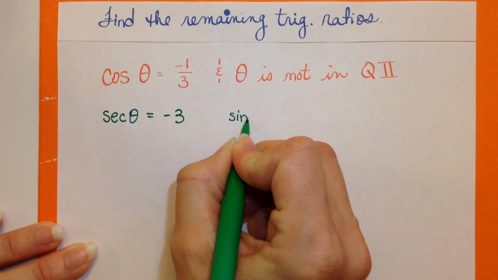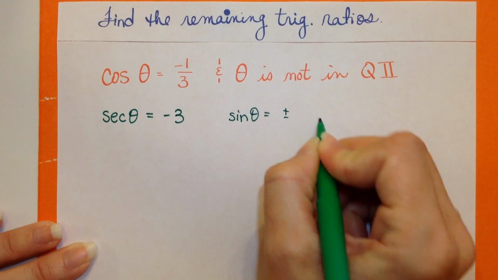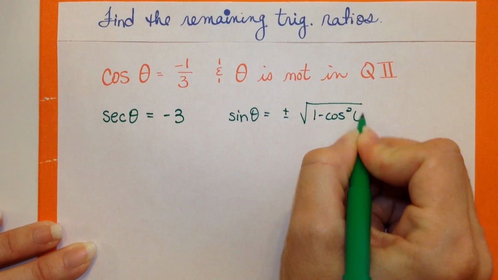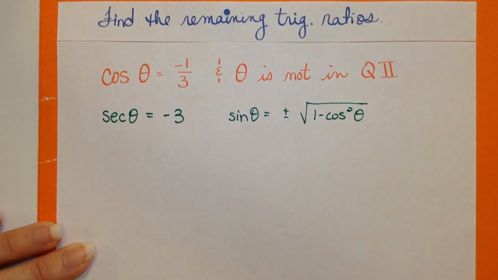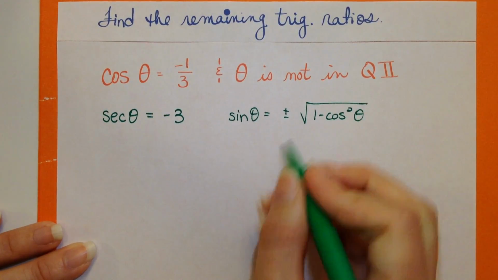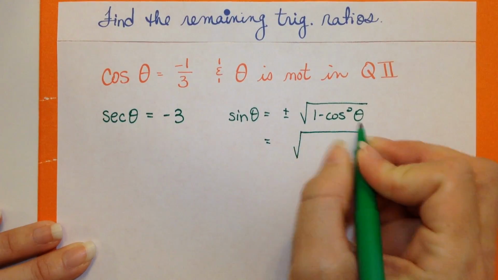Actually, to find sine, I am going to go to the Pythagorean identity. Similar to the one that we used earlier, because I do know cosine, I can take this value and substitute it in. Of course, we'll decide plus or minus in just a second.